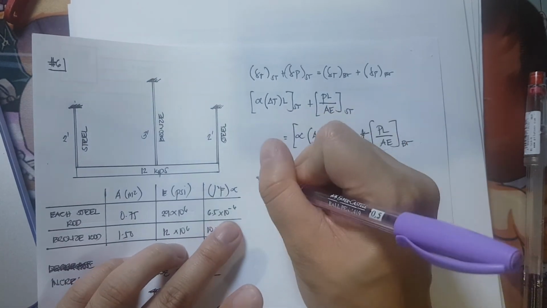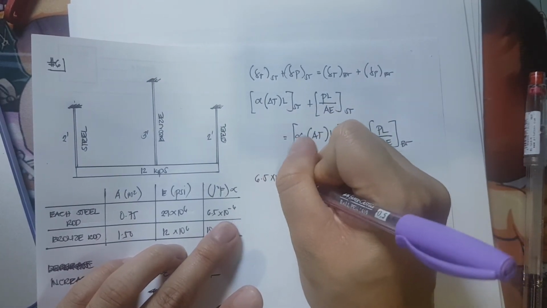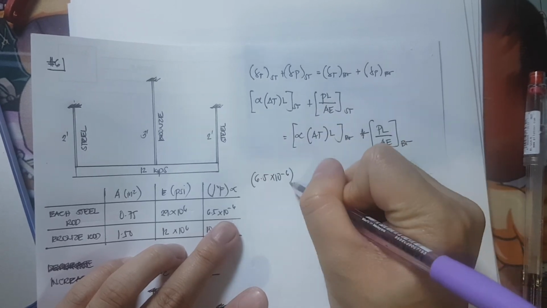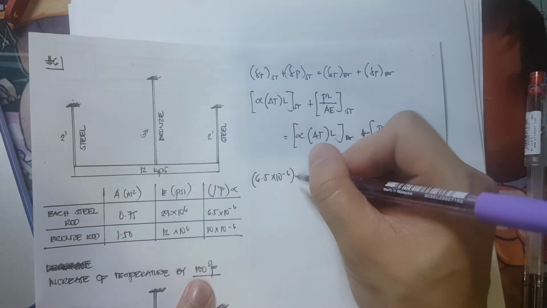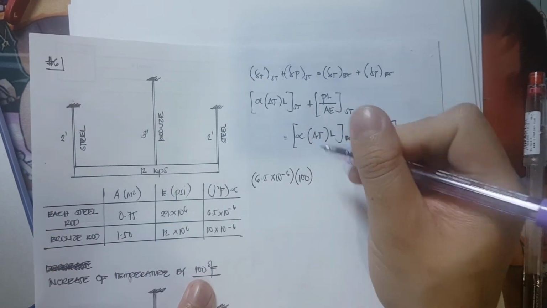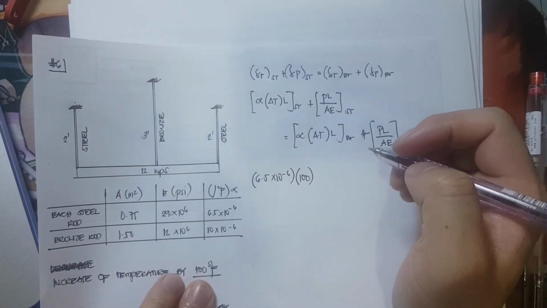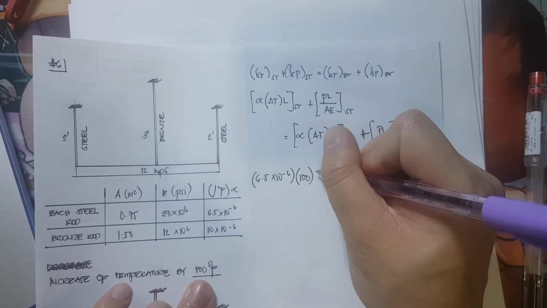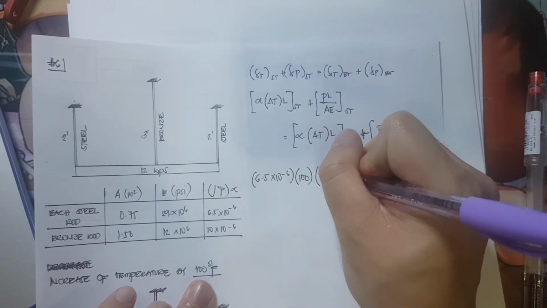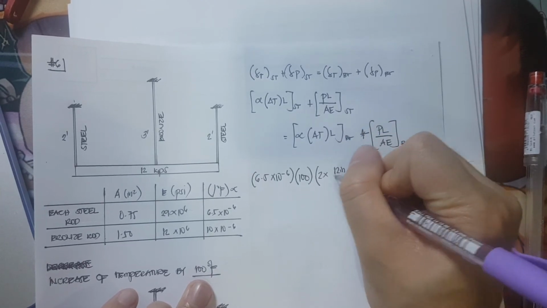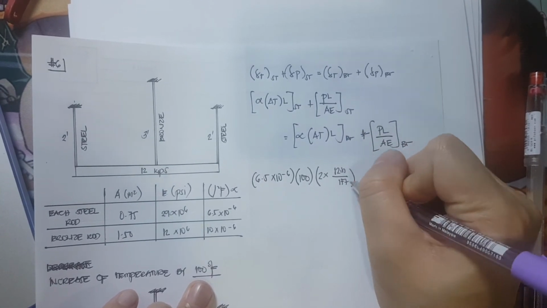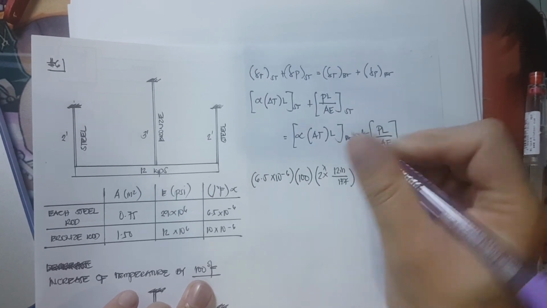Okay, now substituting the values, we have alpha for steel, 6.5 times 10 raised to negative 6, times delta T, and delta T is equivalent to the change in temperature, and that is 100, times the length, which is 2 feet, times 12 inches is equivalent to 1 foot. So feet will cancel out.